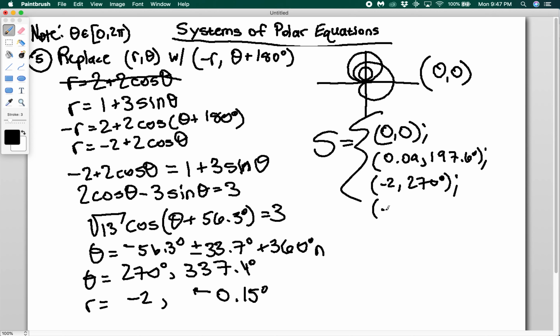We're going to have negative 0.15, 337.4 degrees. This shouldn't be a degree, so that's what's messing me up. It's an r, not a theta. And what am I missing? Oh, 3.29, 49.8 degrees.